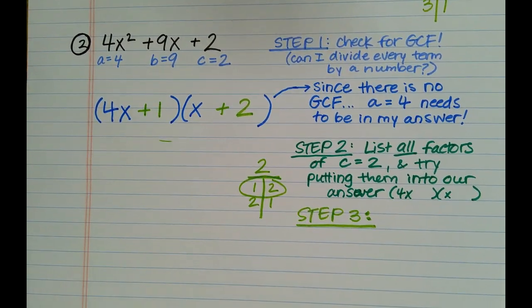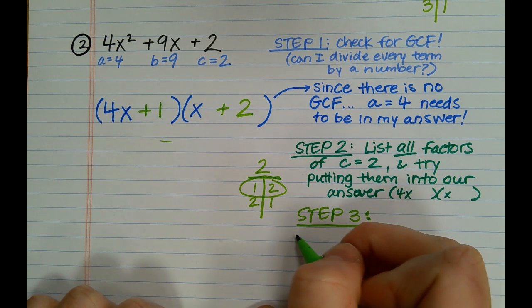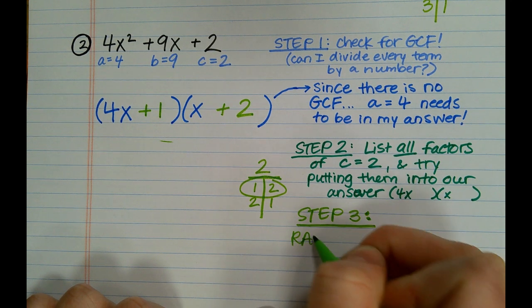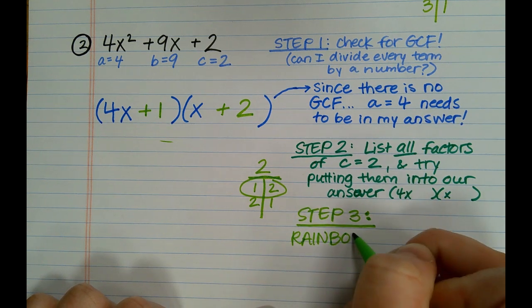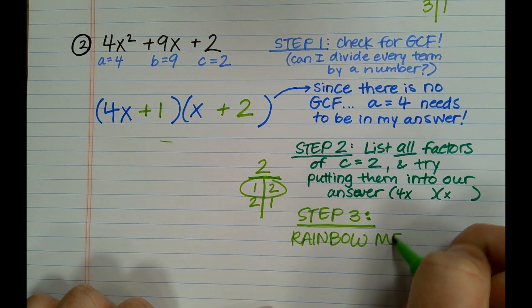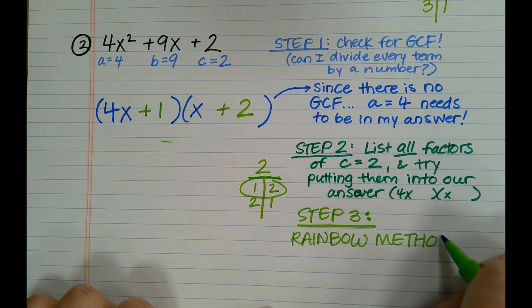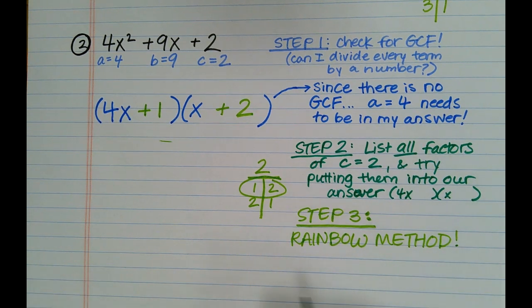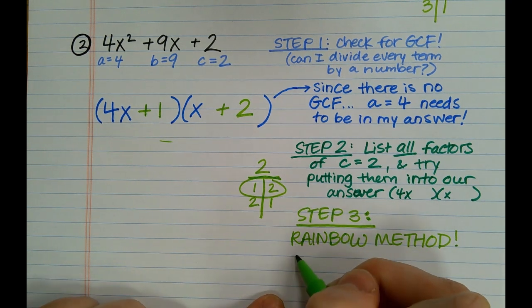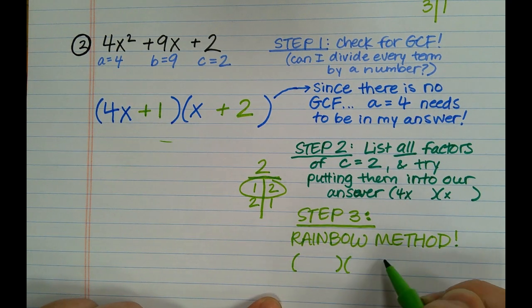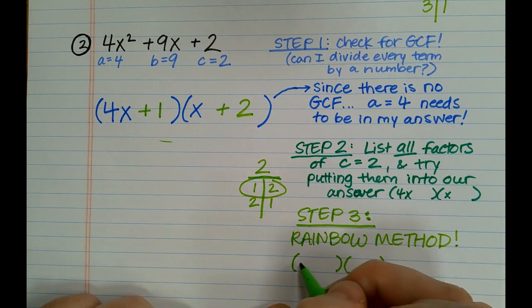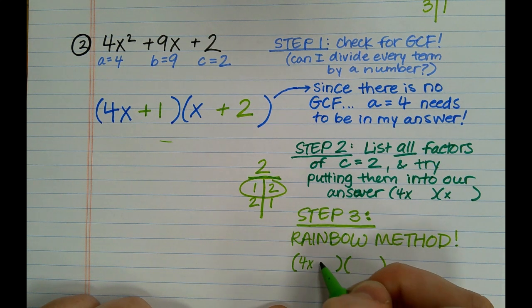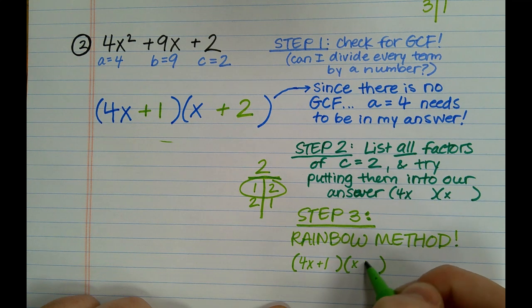And this is where we do what I've been calling the rainbow method. I'll explain what that means in this step, so that when you look back at your notes and see rainbow method, you're not confused. Okay. So 4x plus 1, x plus 2.